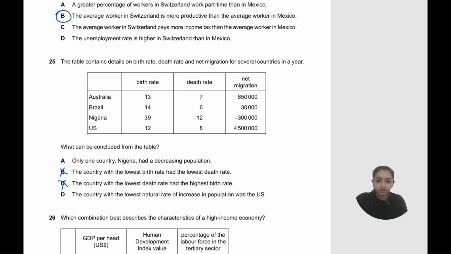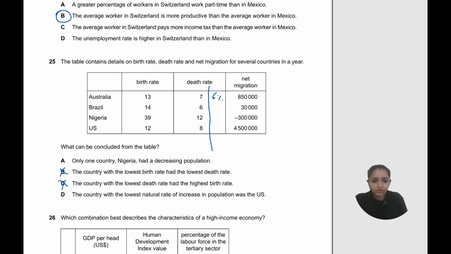Now, next one, the country with the lowest natural rate of population was USA. Now, what is natural rate of population? Natural rate of population is birth rate minus the death rate. If you calculate for each one of them, then we get the data like 13 minus 7, which comes to 6%, because these are percentages.